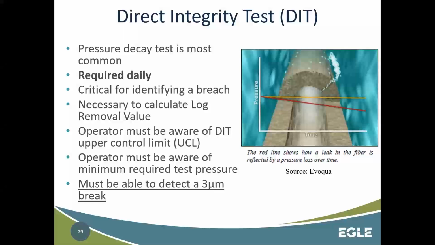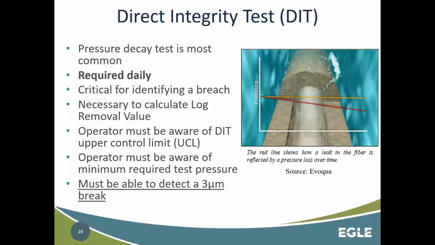And the most common test to do that is the pressure decay test. So if you're familiar with how to pressure test a water main, it's very, very similar. You're configuring and manipulating the valves to pressurize these fibers, and you isolate and pressurize, and then you just monitor the pressure for a duration of time.